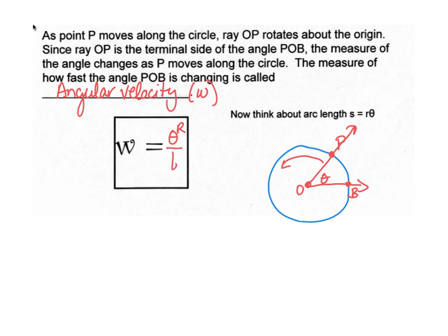It's always measured in radians over the amount of time it takes. So it's always measured in radians per time. Now, you can think about the arc length, S, as your radius times your angle in radians. Remember that formula we talked about before?